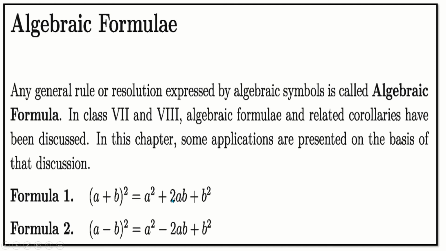Okay, and you know everyone, A plus B whole square means A square plus 2AB plus B square. A minus B whole square is equal to A square minus 2AB plus B square.